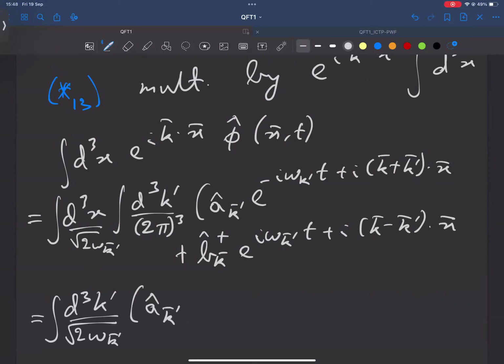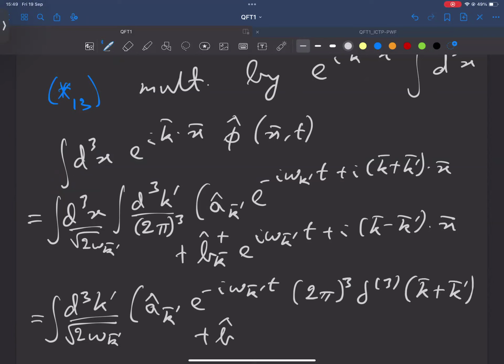Sorry, again, I will be missing hats here and there, so please bear with me. Sorry for that. (2π)³ δ³(k+k'). But after doing this tedious computation, we will look at the structure. The structure will reveal something nice.